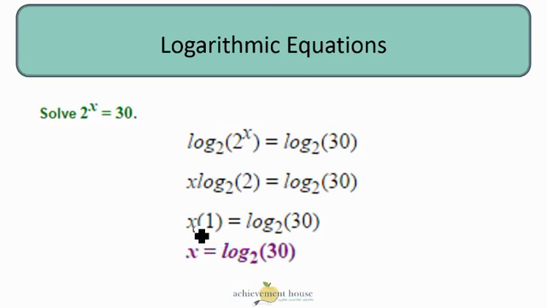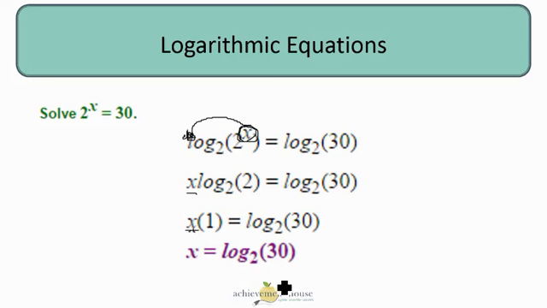So remember, just because this is raised to a power, this can come down here, and so you have x times log base 2 of 2, that's 1. So I'm left with just x. And of course I have to do that to the other side, but now my x is separated by itself, and I have log base 2 of 30.